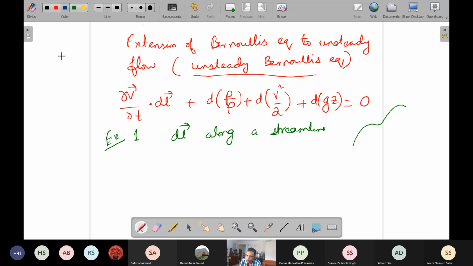If you look at any flow, one dimensional is a very special case, but in most practical situations, it is at least 2 dimensional, if not 3 dimensional. So a streamline is there for all types of flow. It doesn't matter whether it is 1, 2, or 3 dimensional. And once you have a streamline, the beauty of the streamline concept is that at a particular point on it, it is a curve. So how is a curve defined?